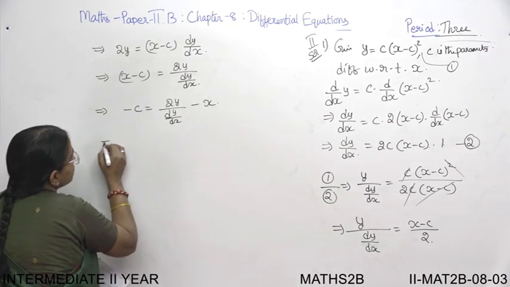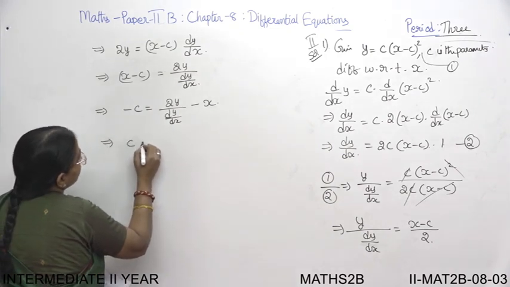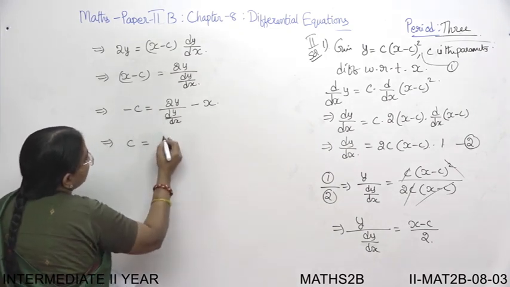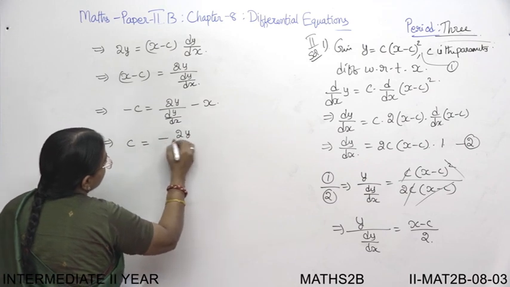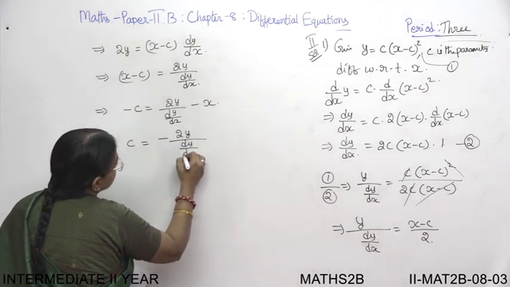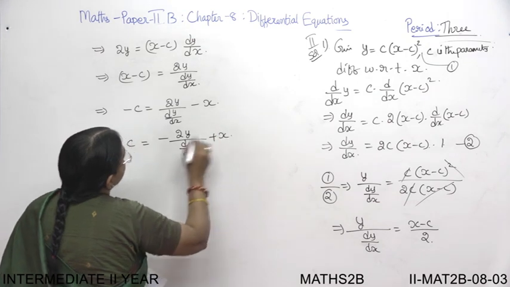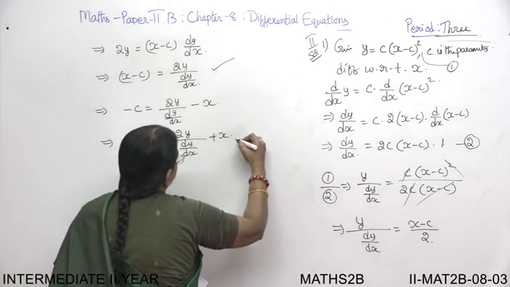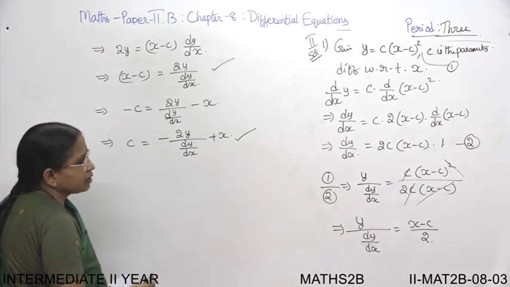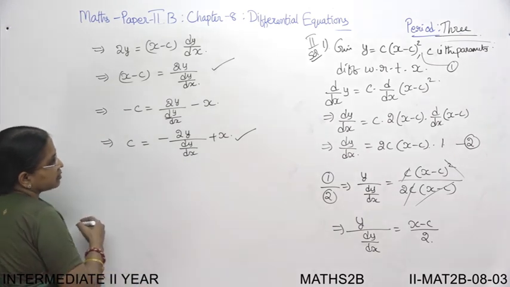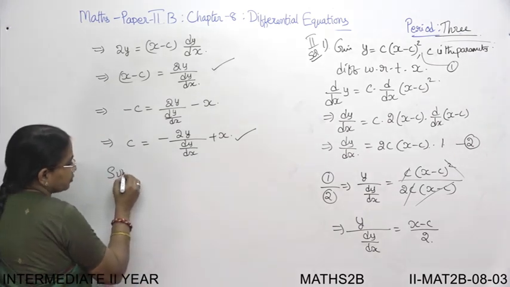So c is equal to minus 2y by dy by dx plus x. We'll take these two and substitute in either the first or second one. The second one is convenient for us, so we'll substitute in 2.